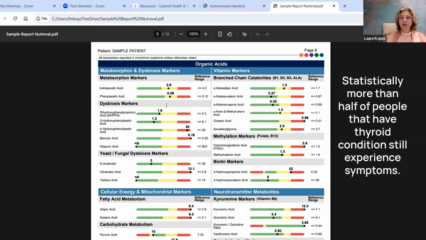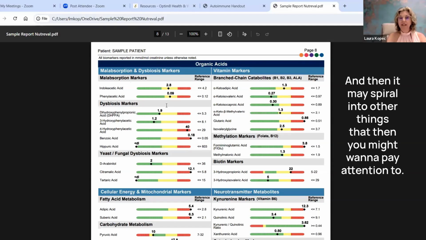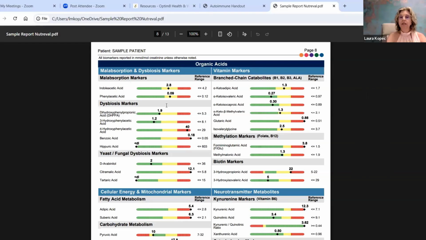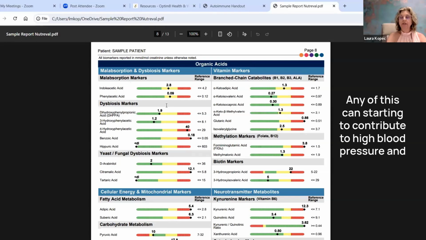Statistically, more than half of people that have a thyroid condition still experience symptoms. And then it may spiral into other things that you might want to pay attention to. Is any of this contributing to elevated cholesterol, where you might want to think about, can I avoid a statin? Is any of this starting to contribute to high blood pressure?